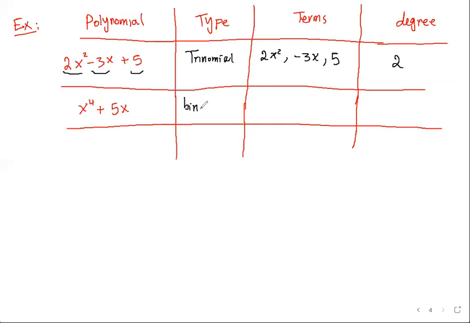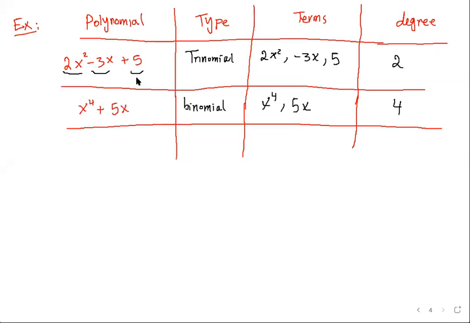Exactly. Because it has 2 terms: x to the power 4, and the second term is 5x. What's the degree? 4, exactly. The highest power, look, 4, and here is 1. So 4 is the highest power.